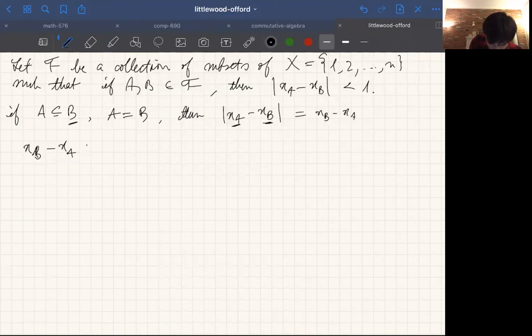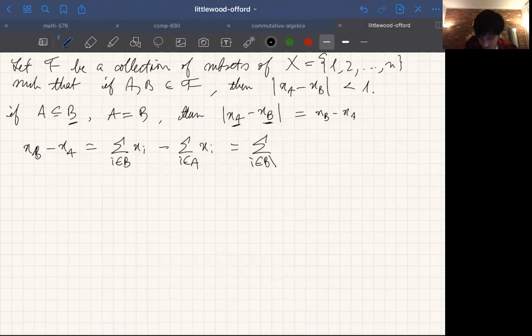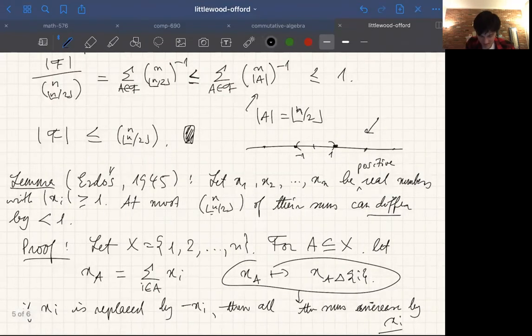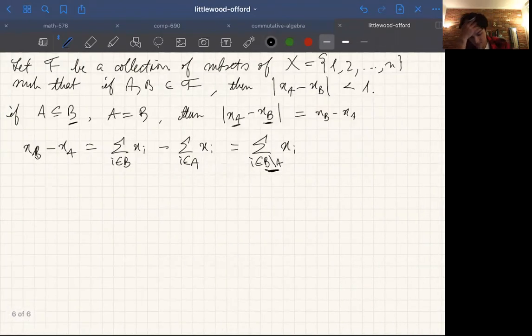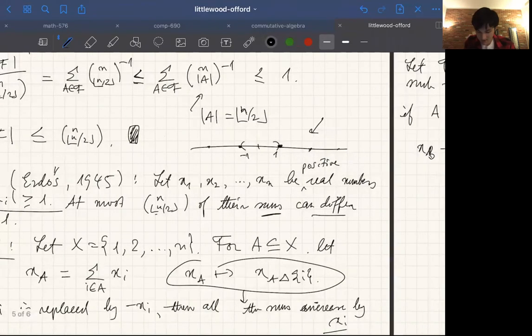Xb minus xa is equal to the sum of all i in B, xi, minus the sum of all i in A, xi. Since A is a subset of B, this is the sum of all i in B minus A, xi. But this is just another set, right? This is one of the sums above. So this is just a sum of positive real numbers that has absolute value greater than or equal to 1. So this thing is greater than or equal to 1.